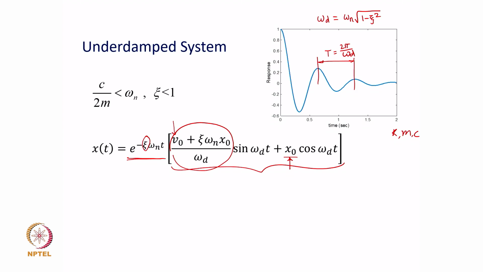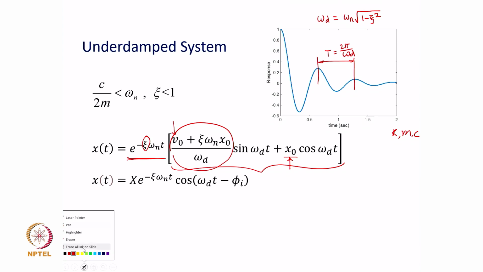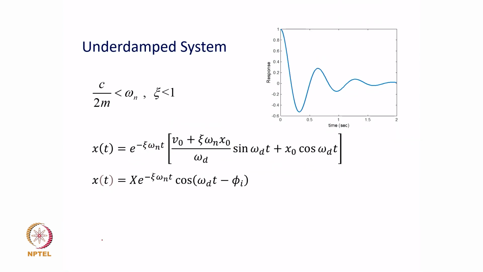So, this is the expression that you expect by solving for A and B. You can reorganize the terms within the bracket and write the same expression in a slightly different form. If you remember, we have done that earlier for the undamped vibration case.